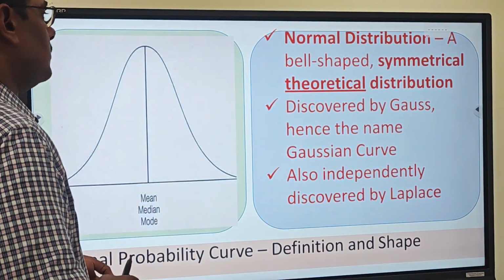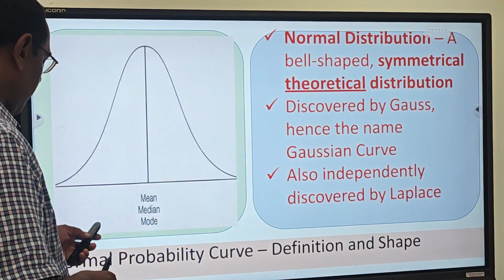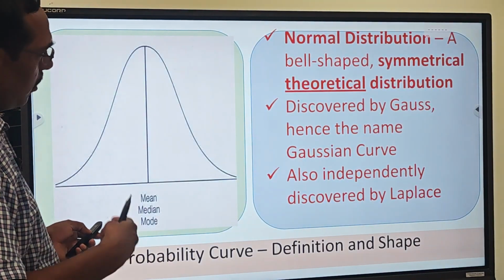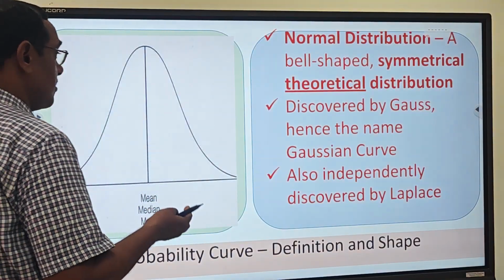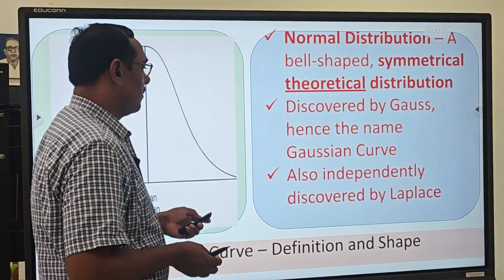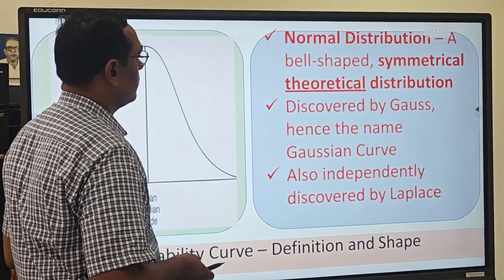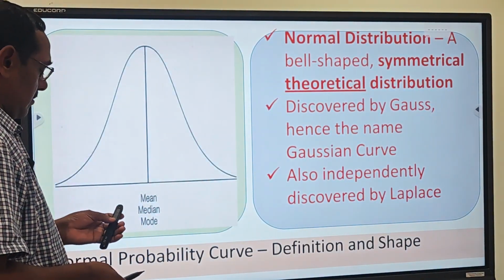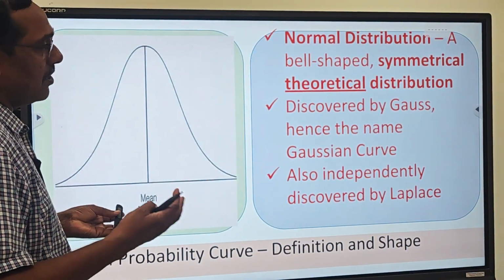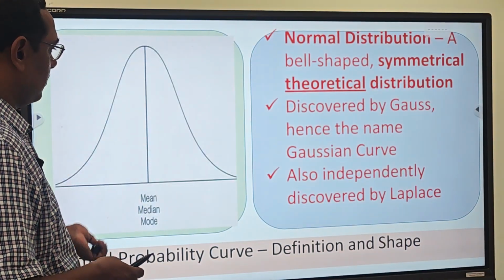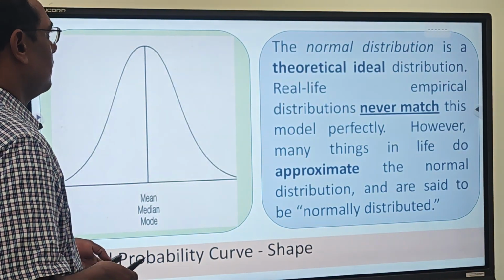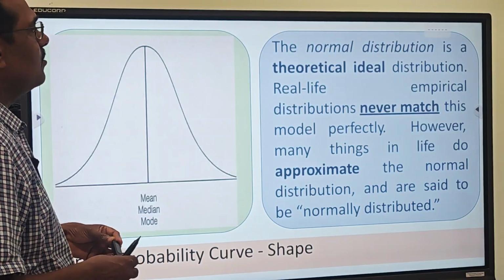It was discovered by Gauss and hence the name Gaussian curve. Laplace also discovered this independently in those days. Two people discovered it. Since we did not have communication in those days, Laplace also discovered this. So it is theoretical.